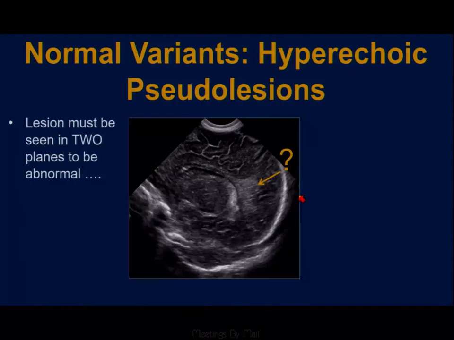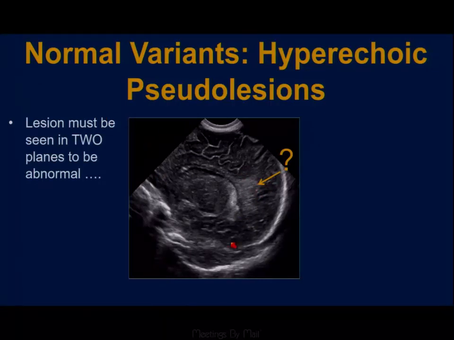So here's one thing that I've struggled with until I became an attending, and I saw enough of this. And this is basically this hyperechoic white matter, because we're always concerned for periventricular leukomalacia or periventricular injury. And so one thing that I learned from my fellow attendings is you really want to see this lesion in 2 planes.